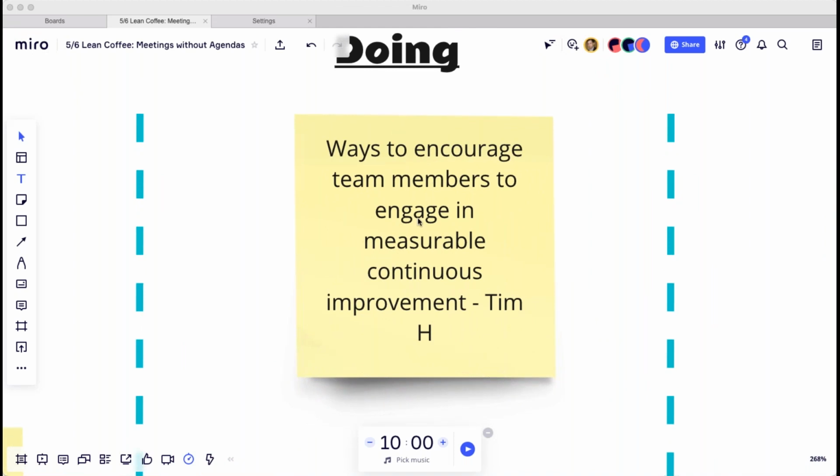Since we just started talking about this measurable thing, does anybody have any other thoughts on how you'd measure continuous improvement? When I think about measure, I start with what things could you count, right? Get it to a simple equation.